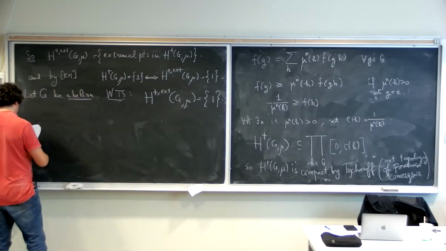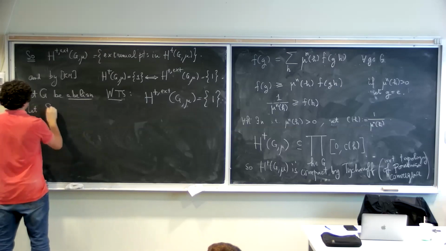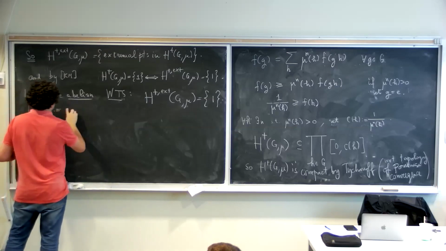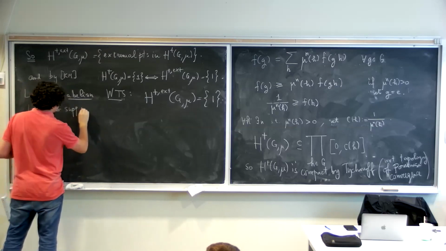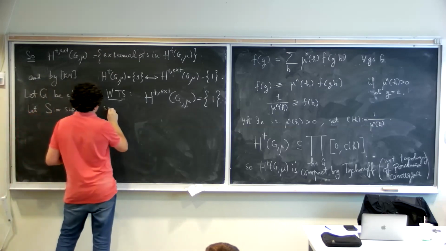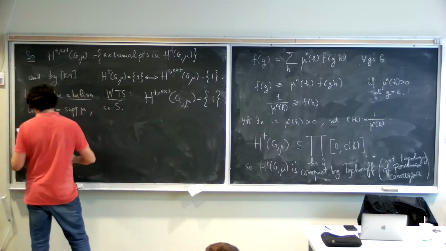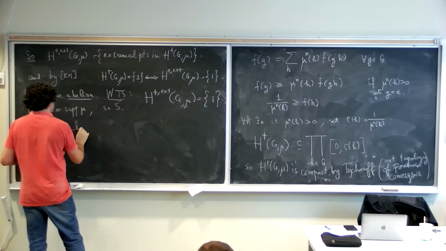So let S be the support of mu, literally the support. This is a finite set, and we pick some element S. So we define H_S of x.